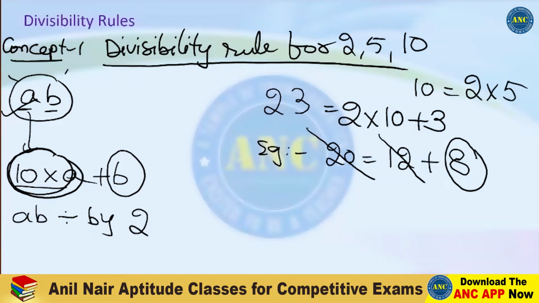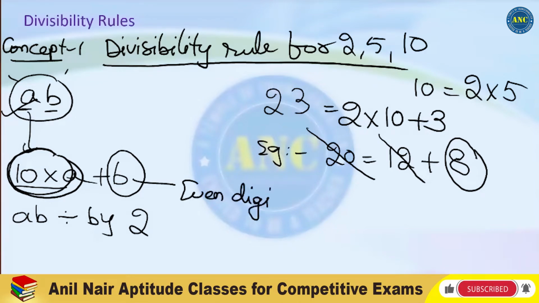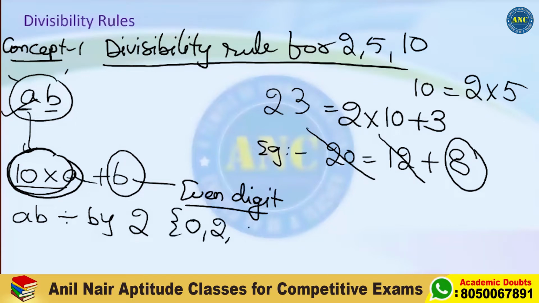B should also be an even digit, or B should take a digit which is nothing but an even number. That means B can take either 0, 2, 4, 6 or 8, because these are nothing but the even digits. 0, 2, 4, 6, 8.